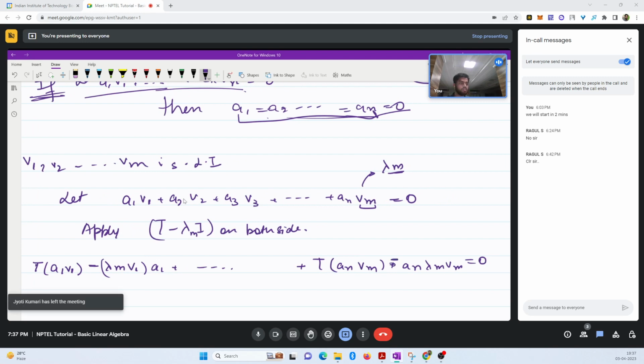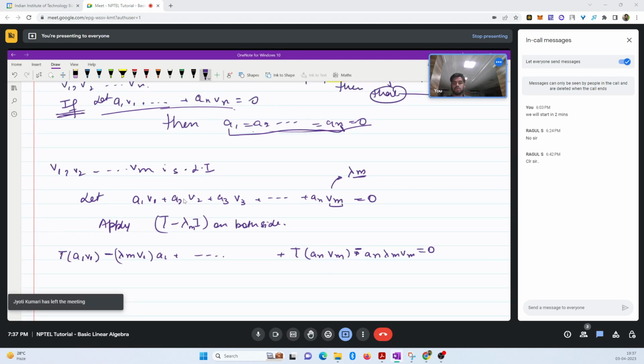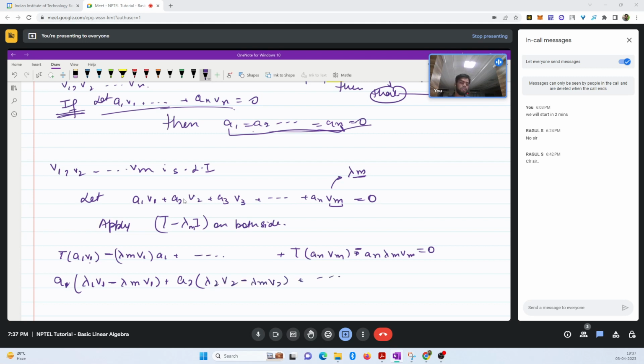Now if we open the first term, we can take a1 common, and this would be lambda 1 v1, because v1 is an eigenvector, minus lambda m v1. Similarly for the second one, you get lambda 2 v2 minus lambda m v2. All the way here you get am lambda m vm minus lambda m vm equal to 0.